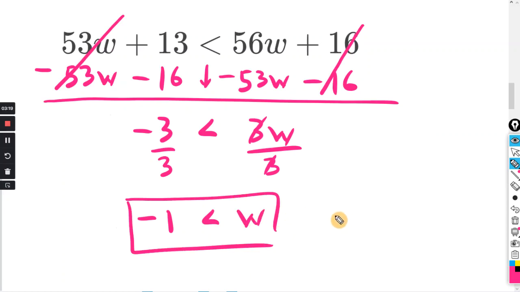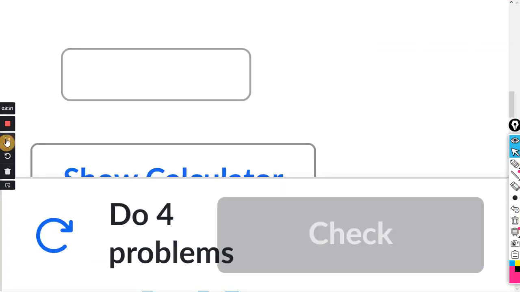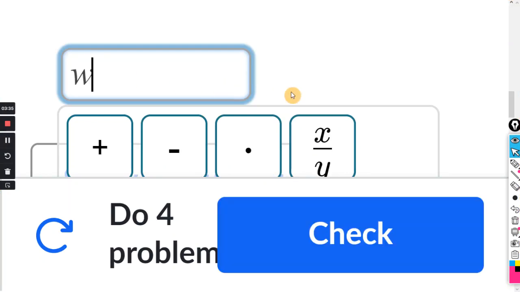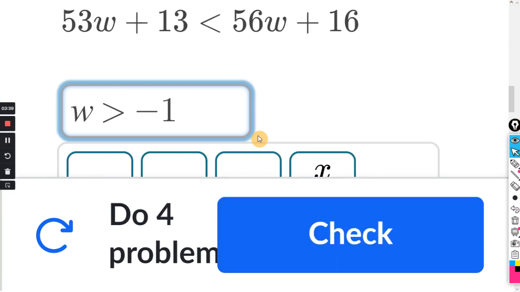Sometimes it's better to write the variable first, so if you want to rewrite it, W is greater than -1. In the box, click inside the box, type W and the greater than symbol, and then -1. Remember, the arrow points to the less than side. Since W is greater than, the arrow is not pointing at the W.